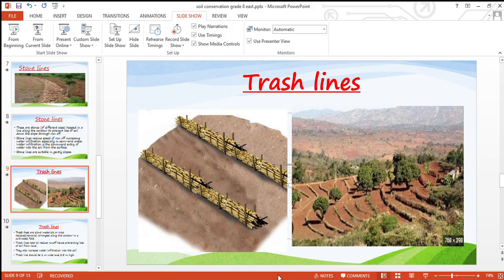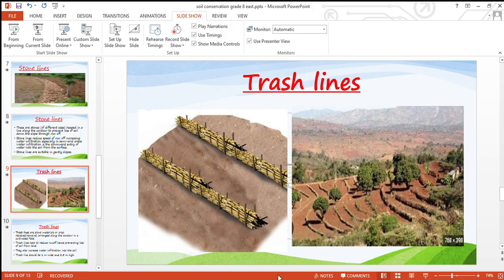They help in increasing water infiltration, trapping eroded soil, and also reducing the speed of surface runoff. Are we together, boys and girls?